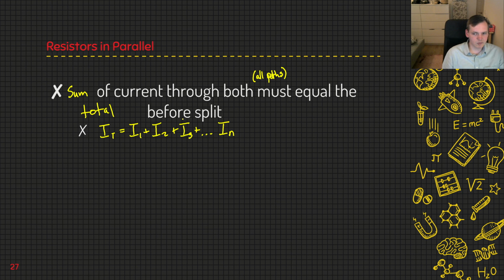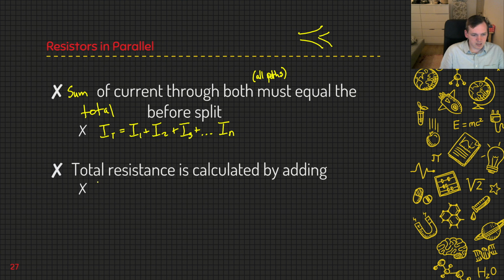And this makes sense from that water analogy: if your pipe splits into two paths, however much water is coming into the split has to equal the water flowing out in both directions when they add together. Because we're not making extra water, right? If we add these two together and get a bigger number, that means more water is somehow made in this split. If we get a smaller number, that means water is being lost in the split, and neither of those make sense.